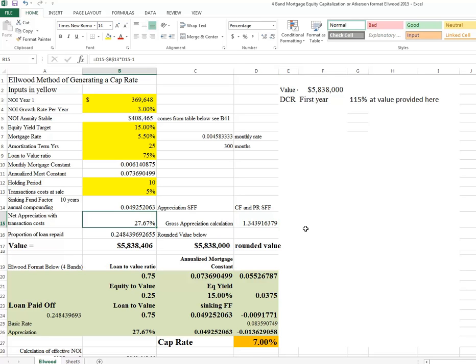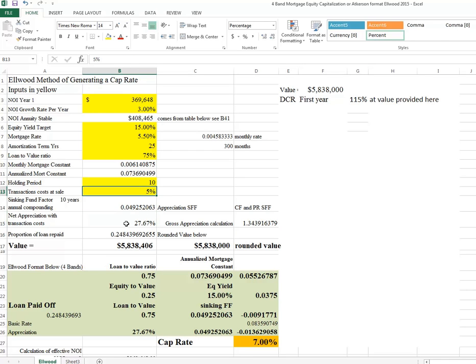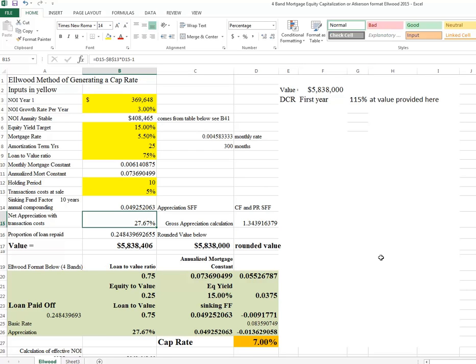The net is estimated here by knocking, in this case, 5% off of the gross asset to come up with a net appreciation rate of 27.67%. And that's one of the sources of returns that Elwood considers directly.